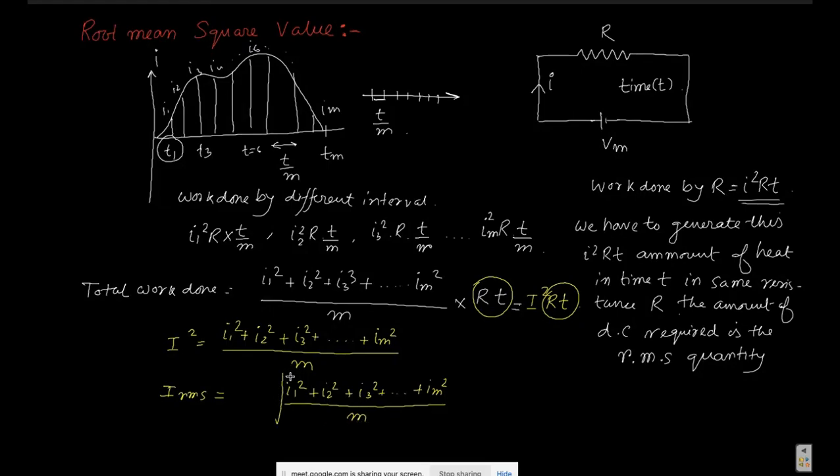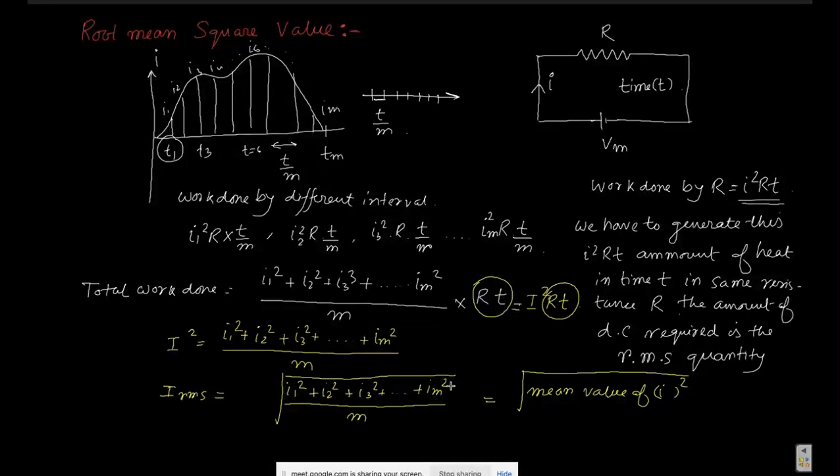So I1 square plus I2 square plus I3 square plus dot dot dot plus Im square, by m is nothing but the mean value of I square, and this is the root under.